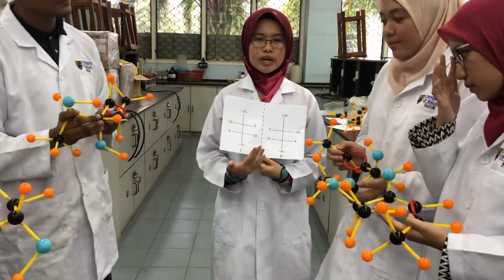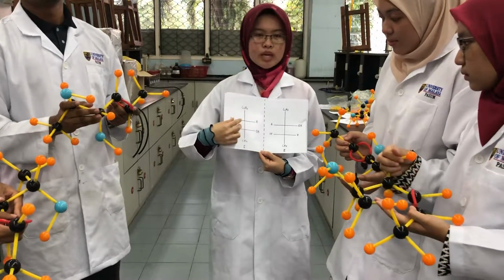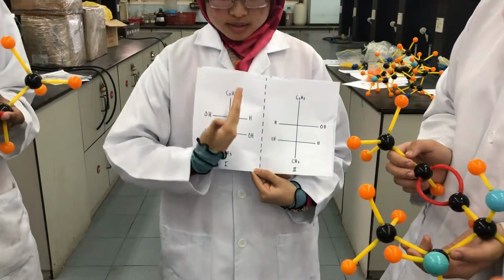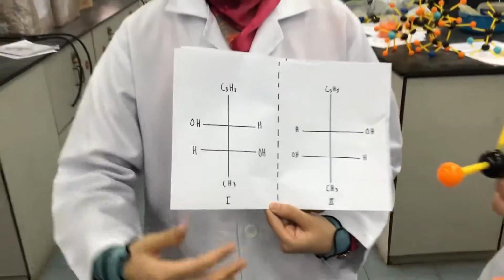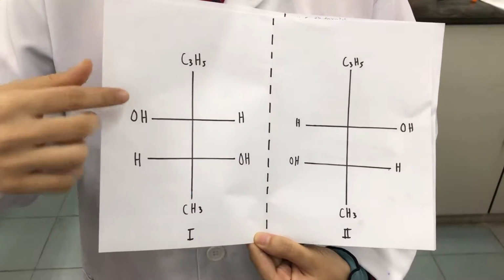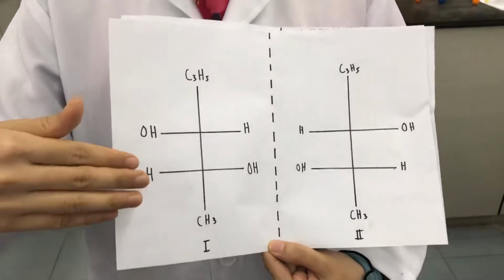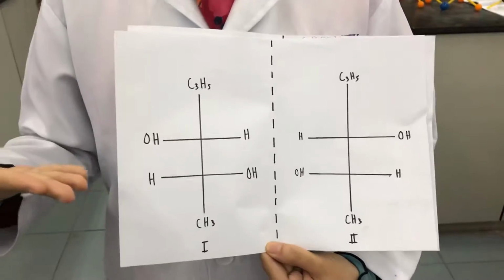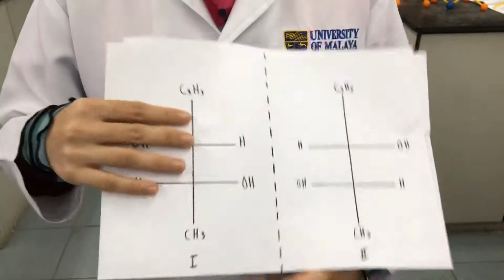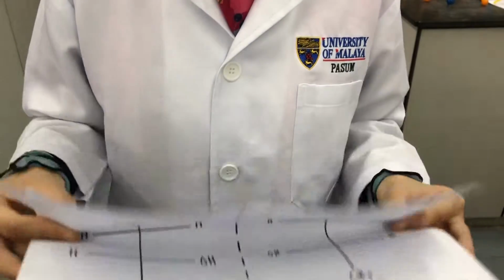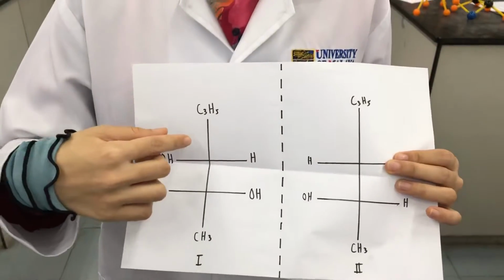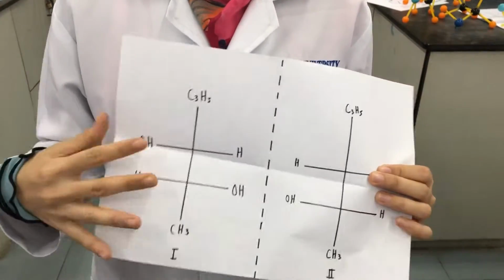For compound 1 and compound 2, if we cut compound 1 at the vertical line, we will never get the same part at both sides. Meanwhile, if we cut at the horizontal line, you can see that you also will never get the same compound at both sides.